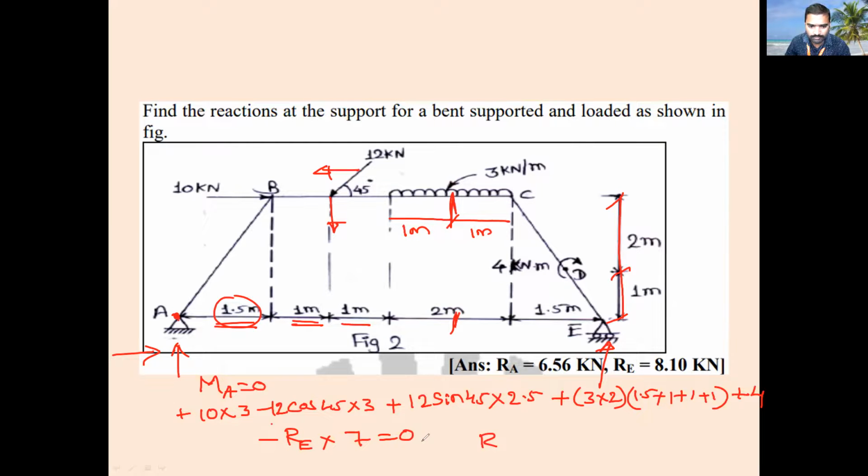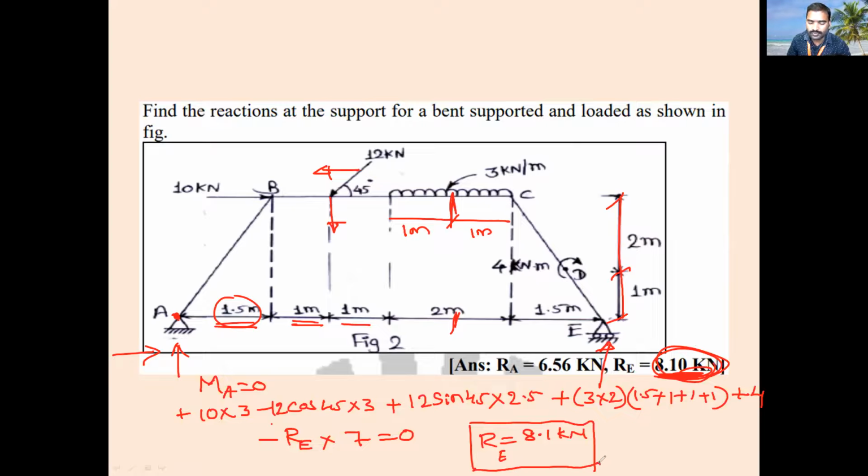That is 8.10. Are you getting the correct answer? 8.1. Yes, sir. How much is given in the problem? The answer is 8.10, so 8.10 is the correct answer.